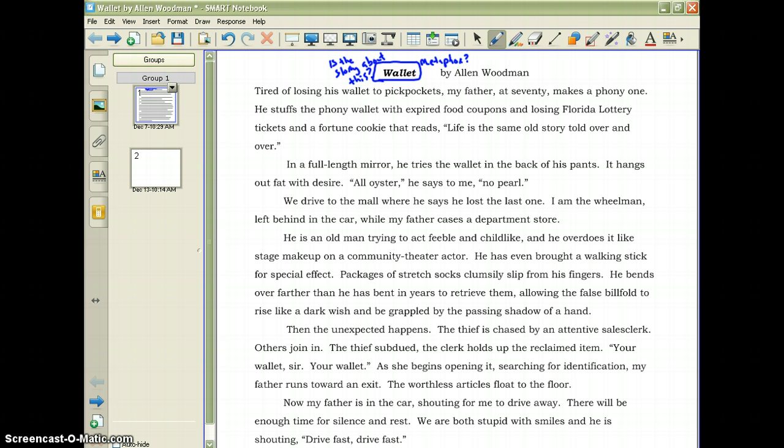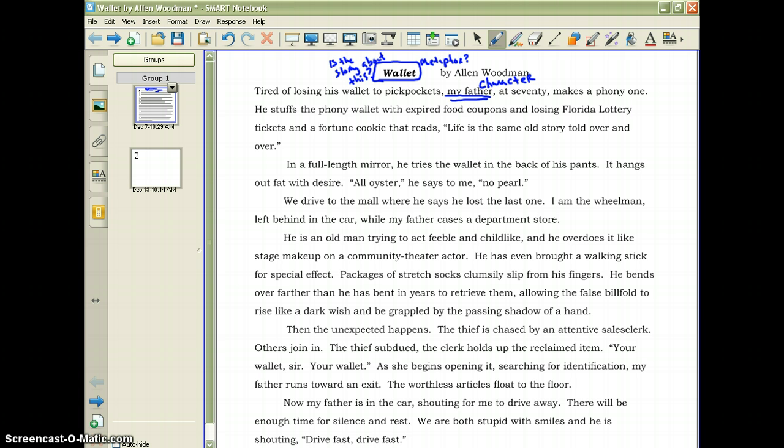"Tired of losing his wallet to pickpockets, my father, at 70, makes a phony one." Okay, there's a lot going on in that sentence. We already know that this story is told by a son, but it seems to be about his father who has his wallet pickpocketed. And already really helpful is we have the age of the father here, and we know that he is 70 years old.